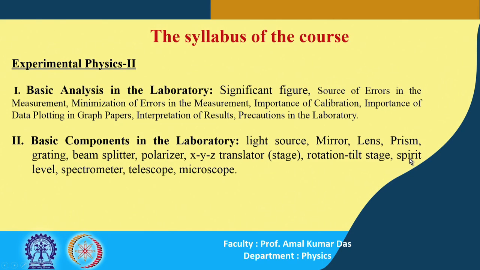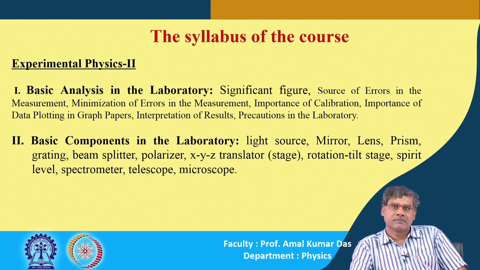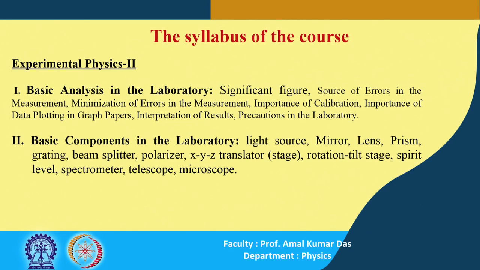So, it has a dispersive power, and the prism is also used to align the spectrometer, that is, to make the spectrometer ready for parallel rays. How to use the prism for getting parallel rays for the experiment, we will discuss.